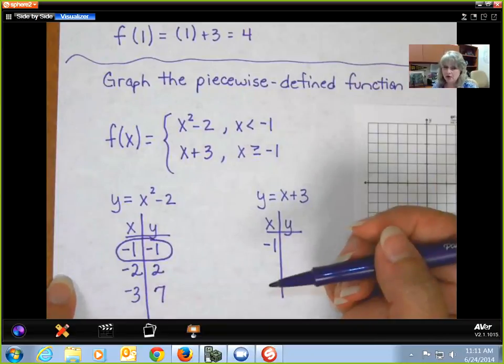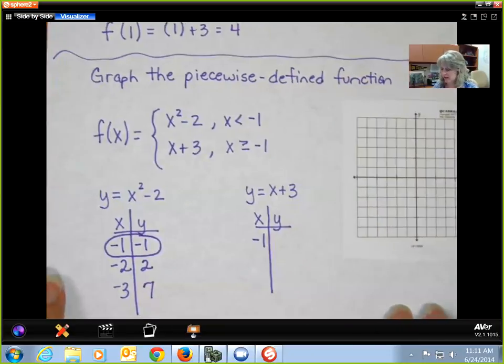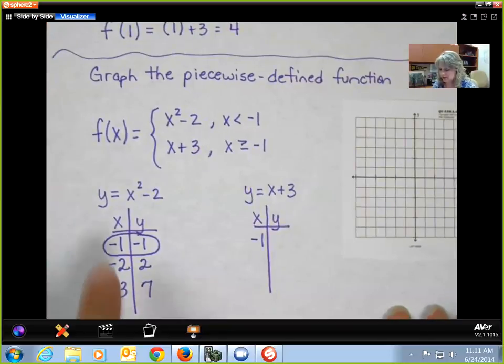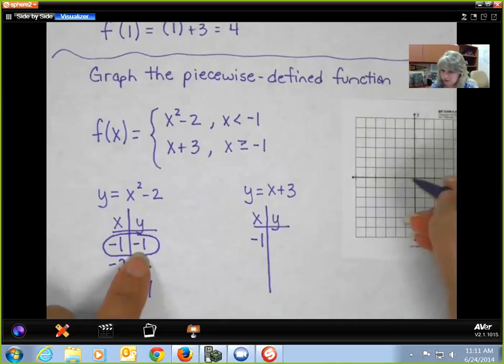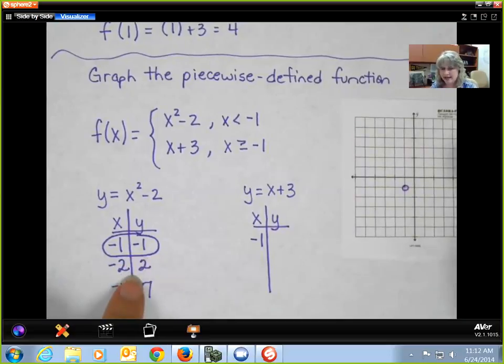Now we can go ahead and graph that part, okay, the x squared minus 2. So at -1, -1, that's going to be an open circle. So we're going to go to our graph, we go left 1 and down 1, and we put an open circle because it's not included. At -2, we have +2.